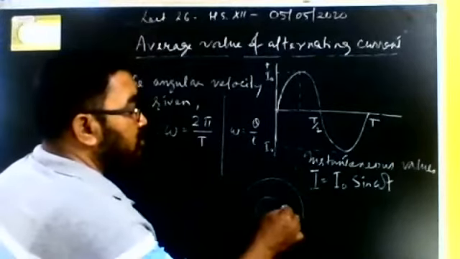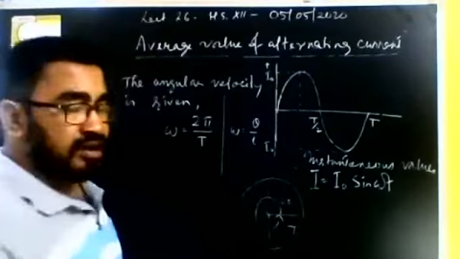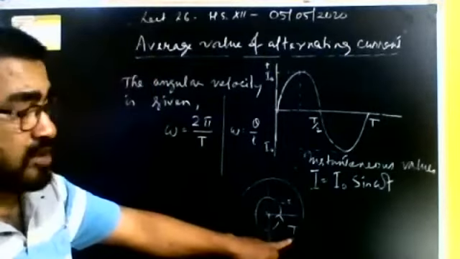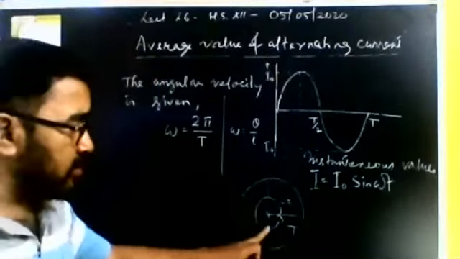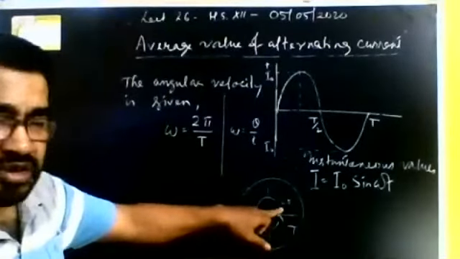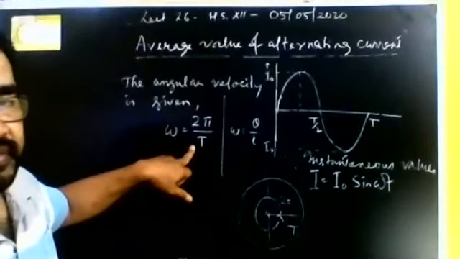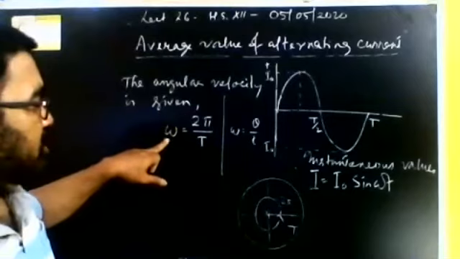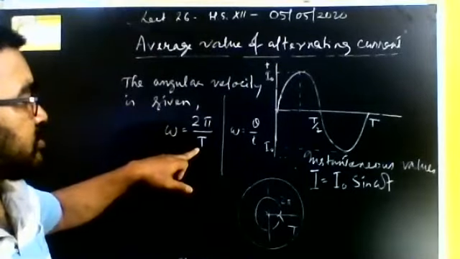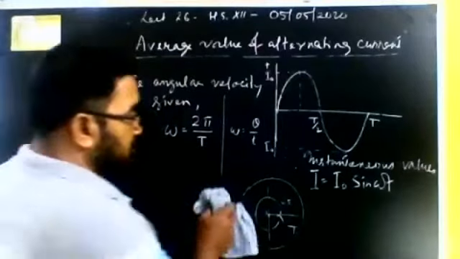At the center, the angle will be 2 pi. The total time is capital T. So the angular velocity will be 2 pi by capital T. Omega is related to the time period by this relation.